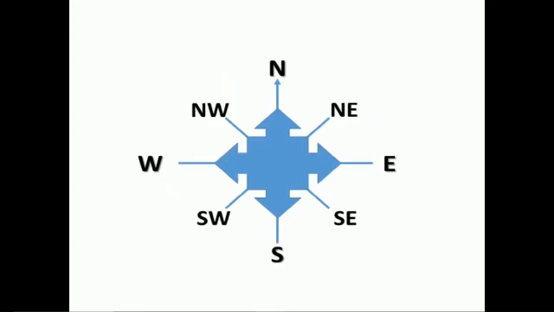Normally, this is north, east, south, west, and in between northeast, southeast, southwest and northwest. You can see the angles: 0 and 360 is the first one, then 45, 90, 135, 180, 225, 270, sorry, 315 and 360.